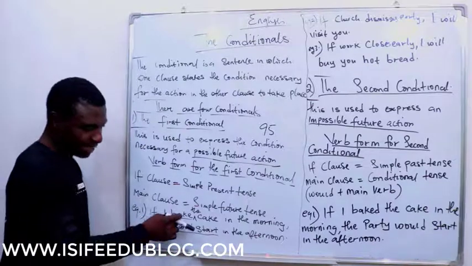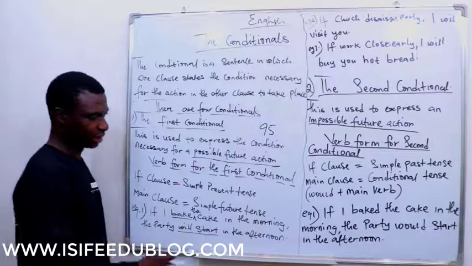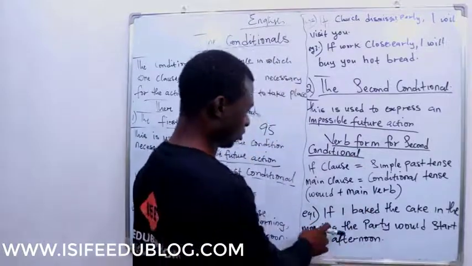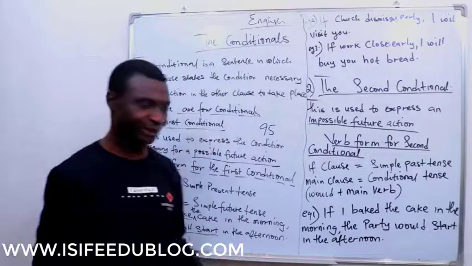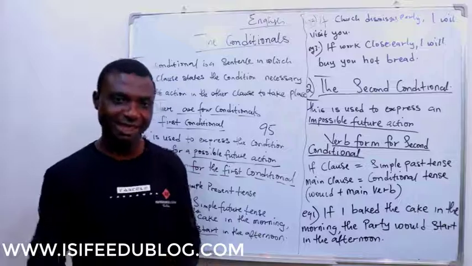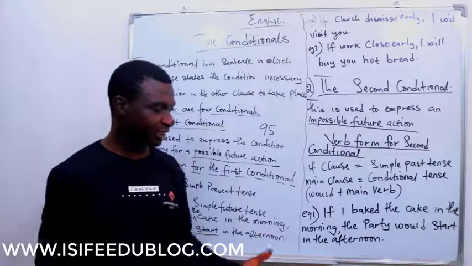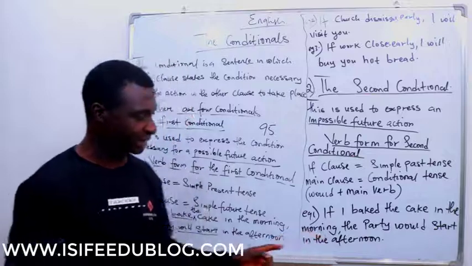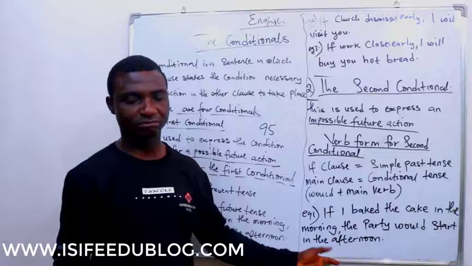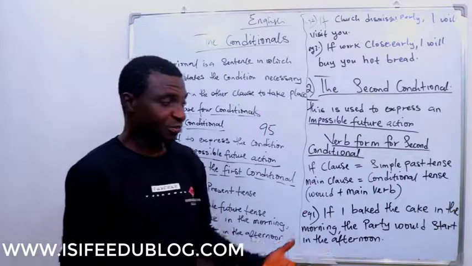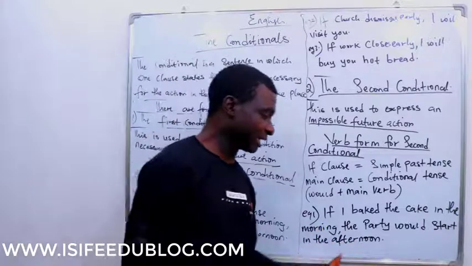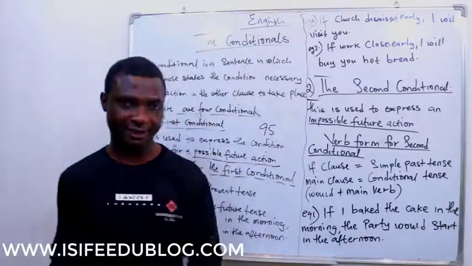This one said, if I bake the cake in the morning. This one said, if I baked the cake in the morning, which means it is perhaps 11 o'clock. This cake has not been baked. So the speaker now says, if I baked the cake in the morning, the party would start in the afternoon. Since the cake has not been baked and it is already perhaps 11 o'clock, the tendency of baking the cake in the morning is no longer there.